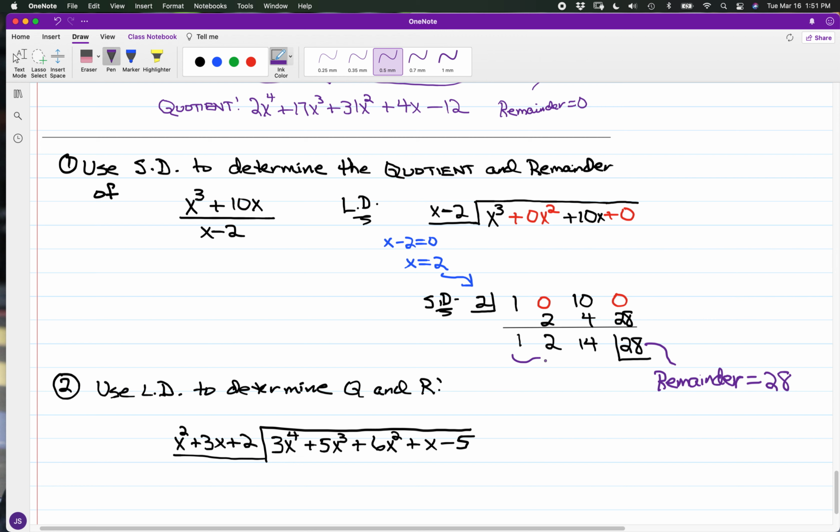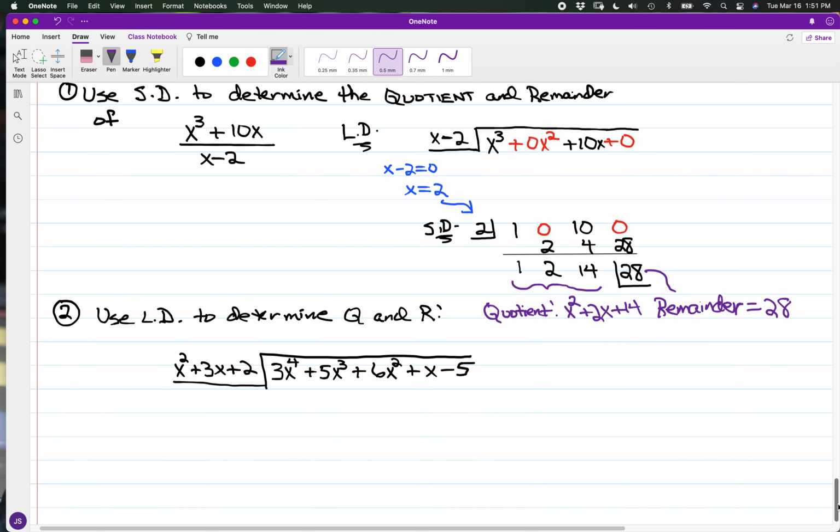The 1, 2, and 14 are the coefficients of the quotient. The 1 refers to x squared, plus 2x, plus 14. So the quotient is x squared plus 2x plus 14, and the remainder is 28.